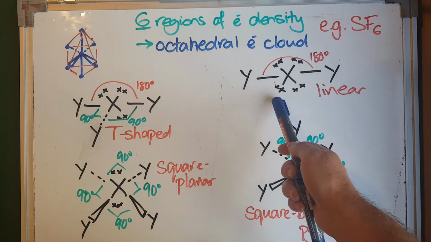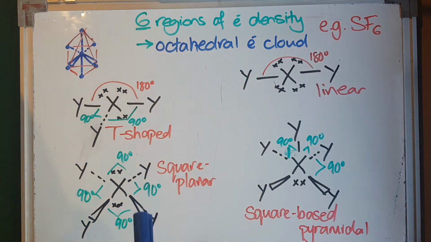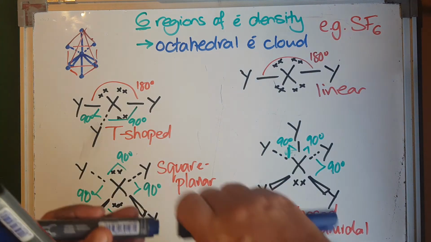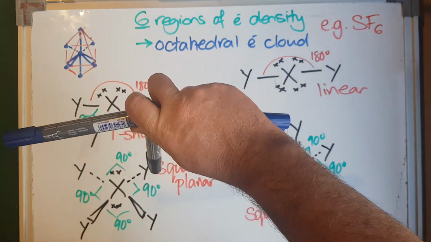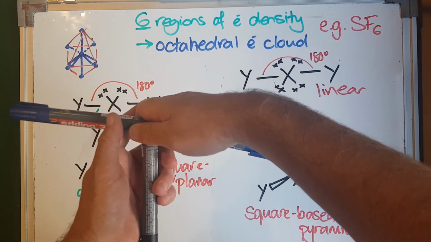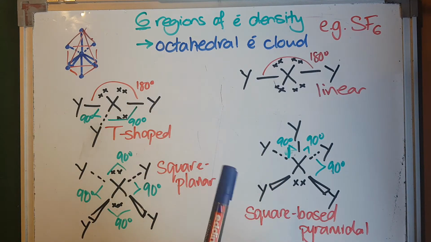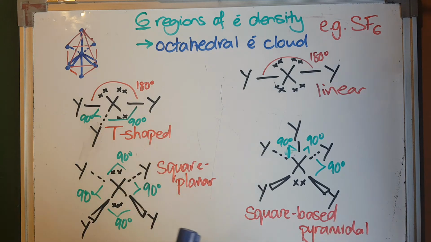If we turn one of those lone pairs into a bonding pair, doesn't matter which one, then those 2 are still together, and we get 1 going into the board and down. Well, if I rotate that in space, it creates the letter T again, just like with 5 regions, where we have 3 bonding pairs creating a T-shape.